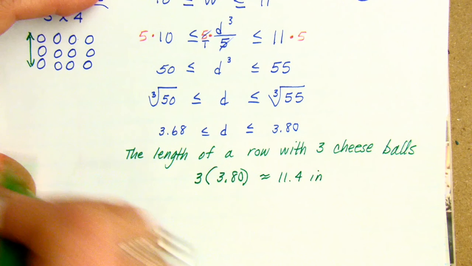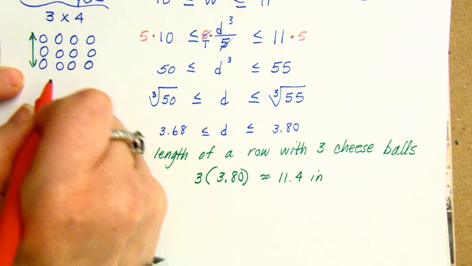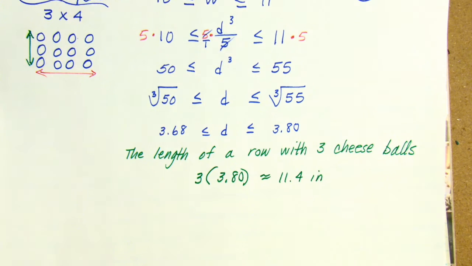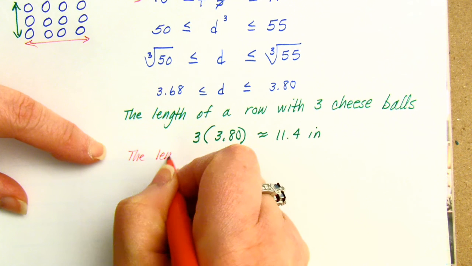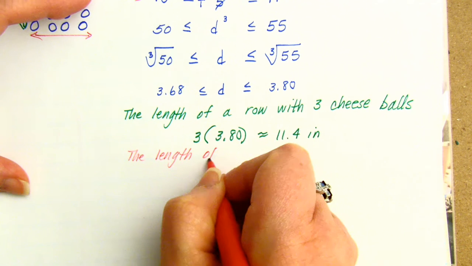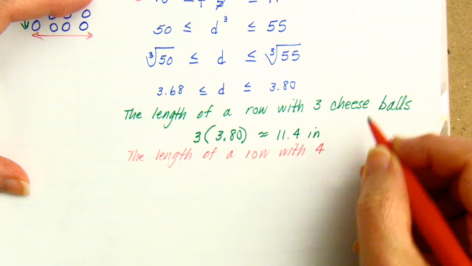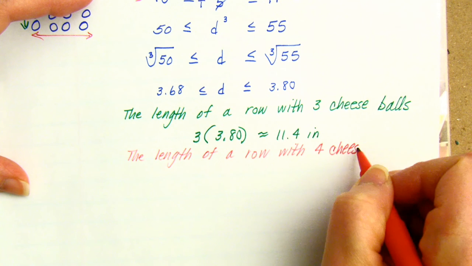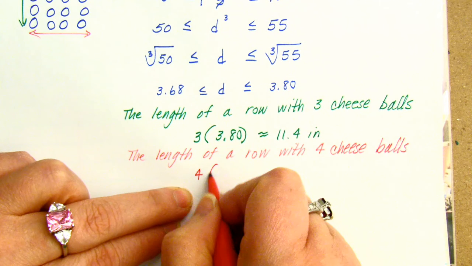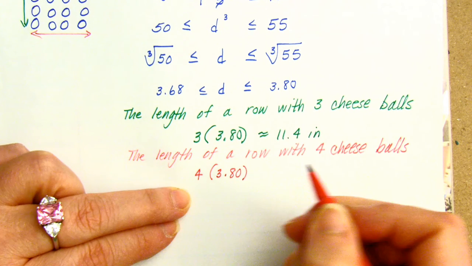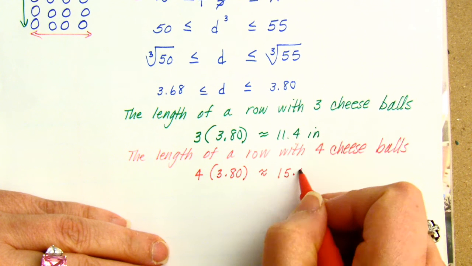All right, now I'm going to look for the length of a row with 4 cheese balls. So that's now going to be 4 times 3.80, which is about 15.2 inches.